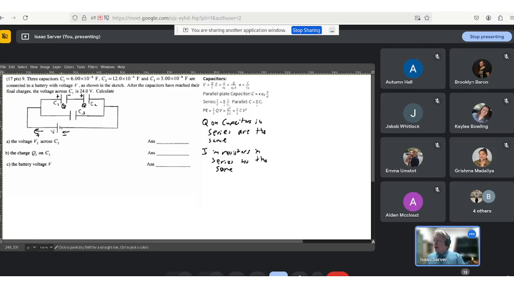Alright, now we've got that taken care of. Now we can figure out the voltage across C2 using this guy here.